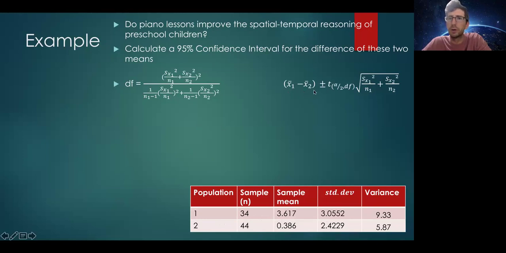So we've got our formula over here for the confidence interval for the difference of these two means. We basically have everything we need, right, except for our t-value. And our t-value is, of course, based on degrees of freedom.